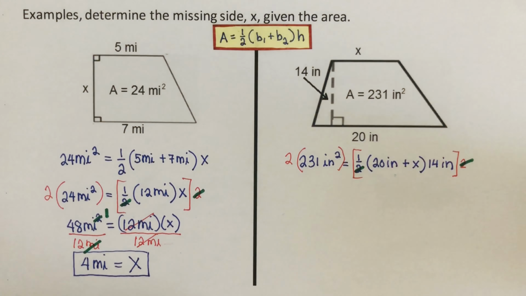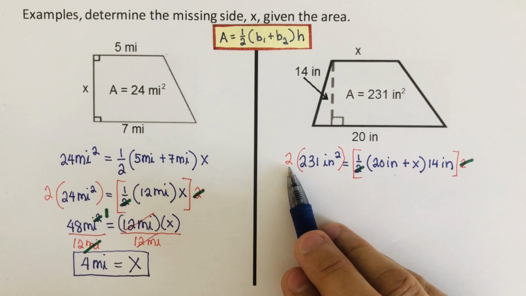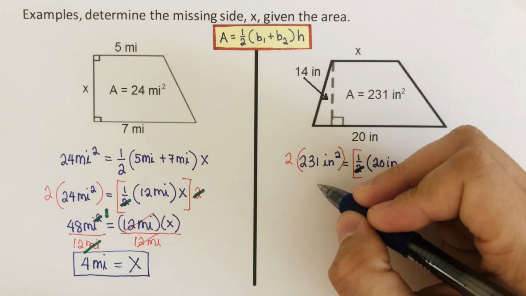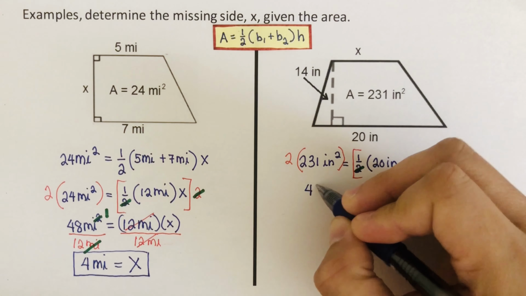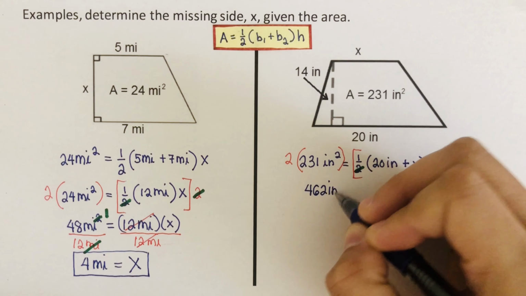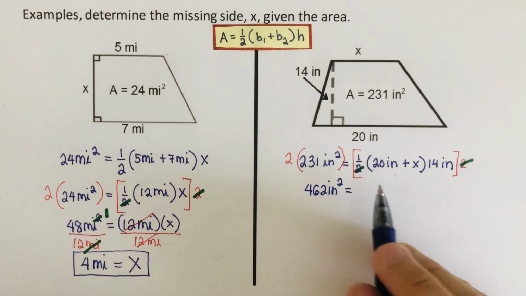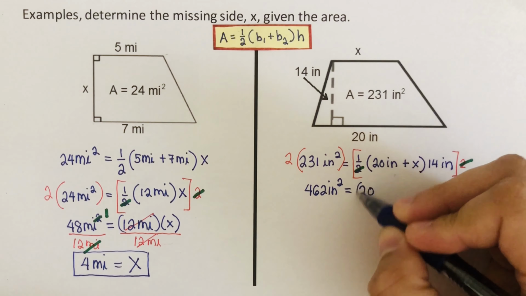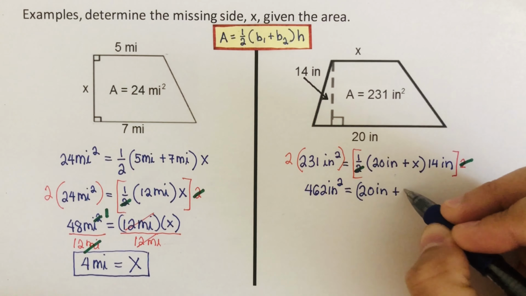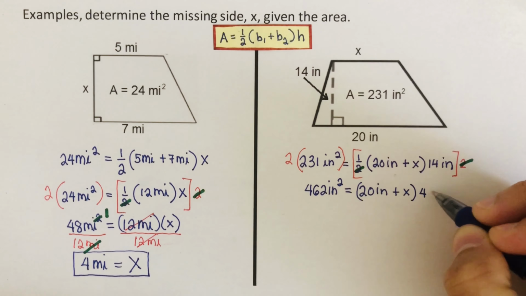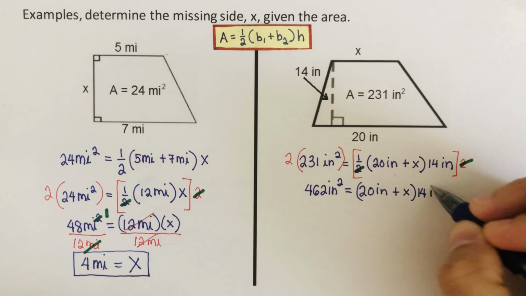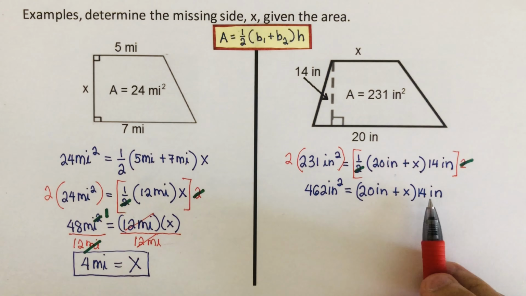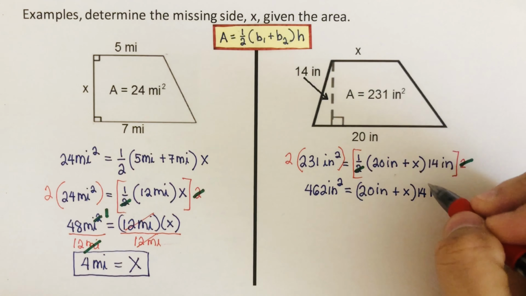So I am left with, we multiply these 2 first. So 2 times 231 inches squared is 462 inches squared is equal to 20 inches plus x times 14 inches. So then we are going to distribute the 14 inches to both terms inside the parentheses.